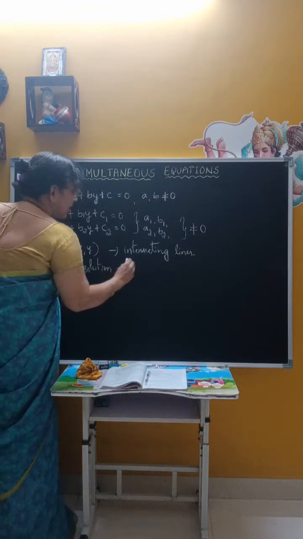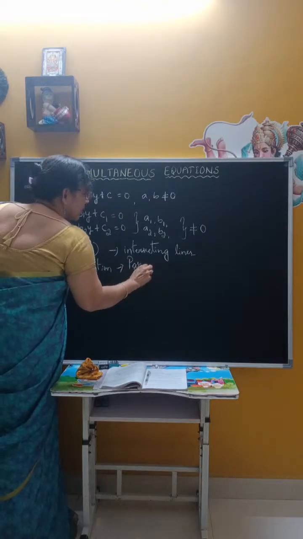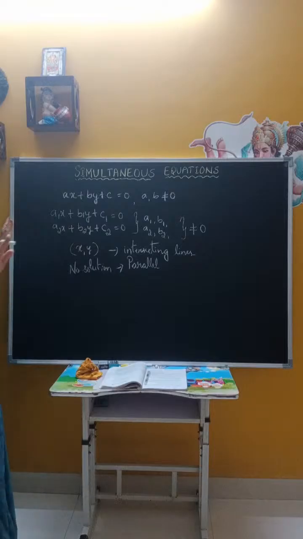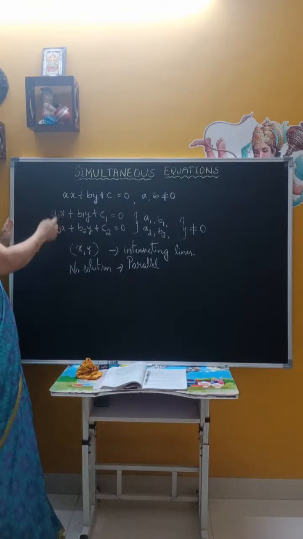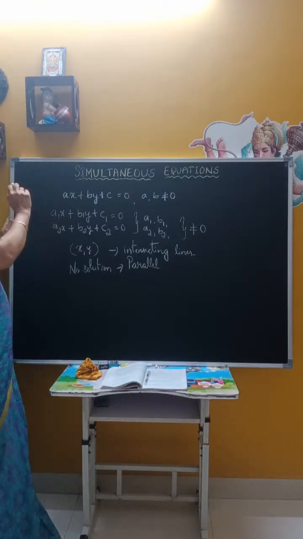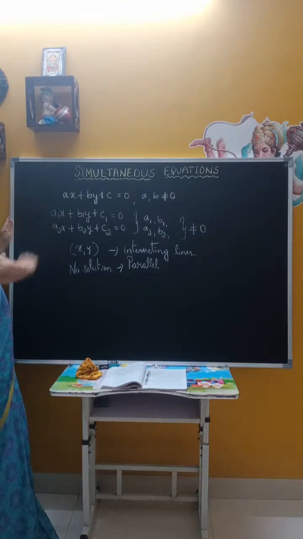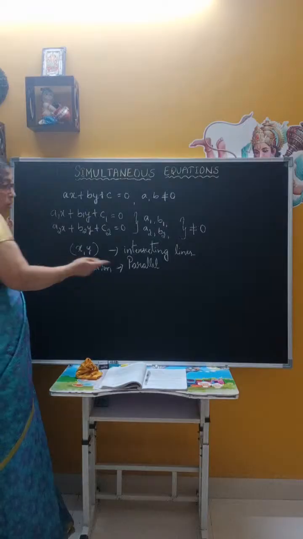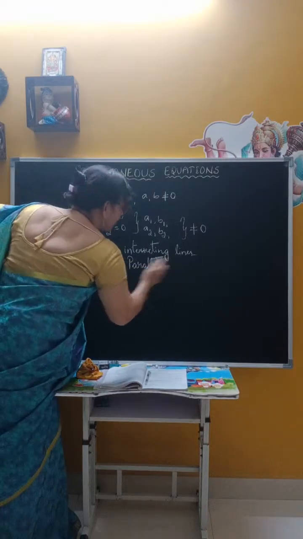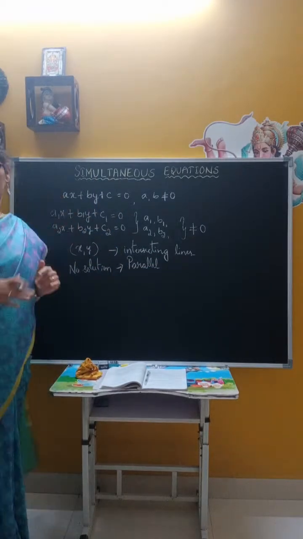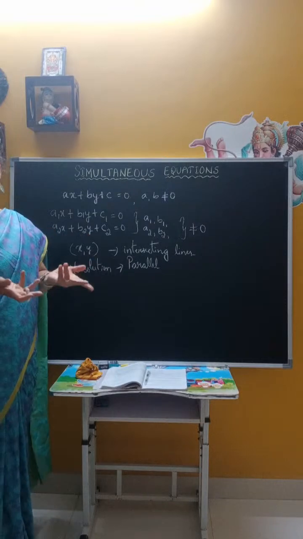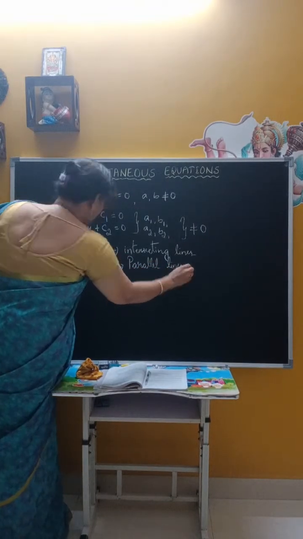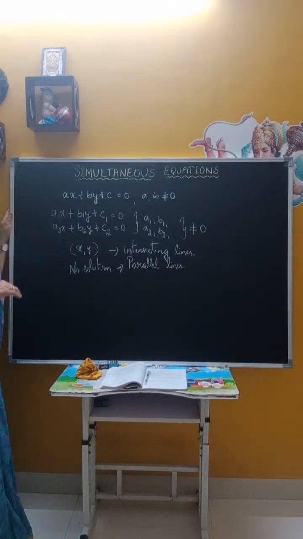You know a linear equation always represents a straight line, so we get a pair of lines here. If they are parallel, we won't get a solution at all, because parallel lines never meet. If they never meet, how can we get a solution? It's not possible.